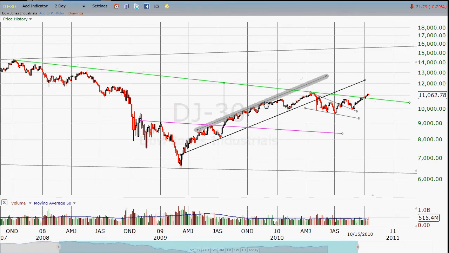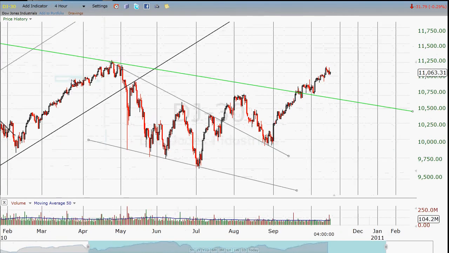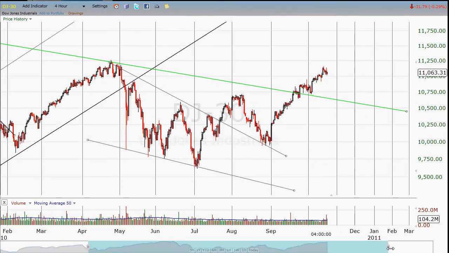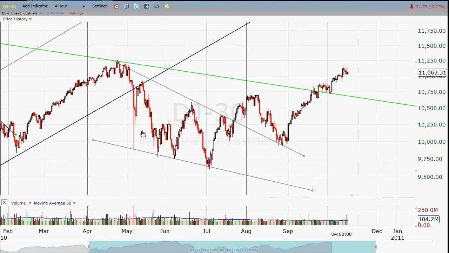So now I want to go into this area of the last 5 months, and I want to look at this in a little bit more detail. First off, we had the flash crash, which just really took things out of a pretty nice channel that the Dow had been in, if you allow for the bottom of that head and shoulders pattern to fall underneath the pattern, in other words, if you consider that as being out of bounds because of the panic bottom.